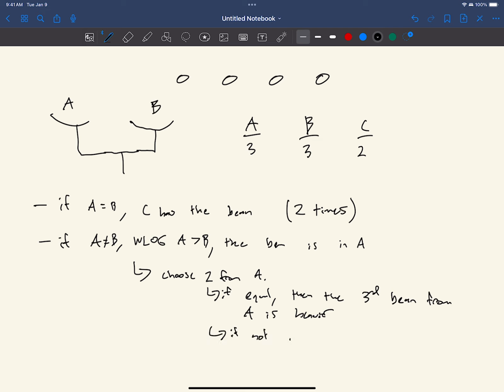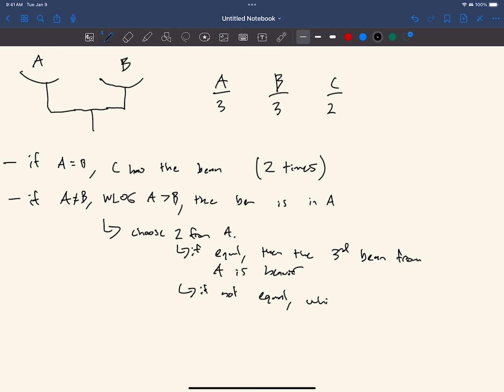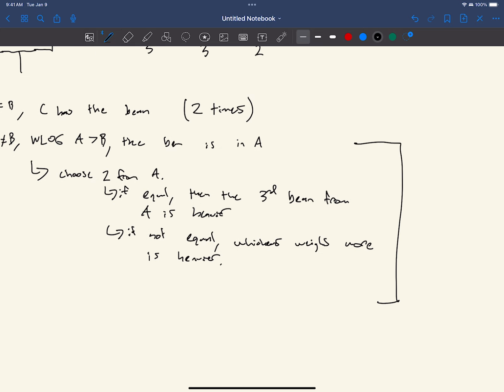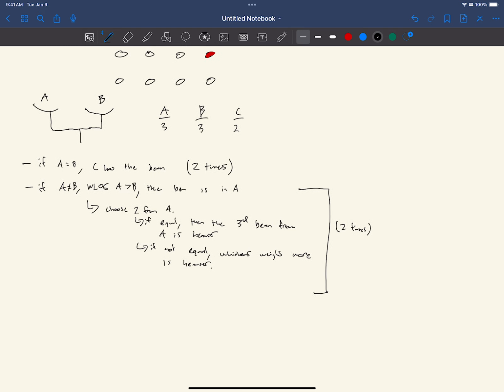If not equal, then whichever one weighs more is the heavier one. And so in this case as well, this entire case, we also use the balance 2 times. And so no matter what happens, we only need to use the balance 2 times to get to our answer.